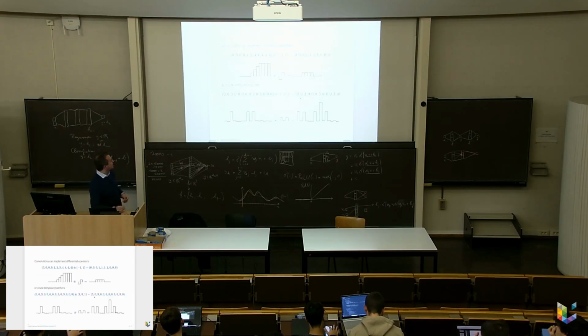Okay, so let's take an example. Let's say we have as input this vector 0, 0, 0, 1, 2, 3, 4, 4, 4, and we convolve it with this kernel defined by these two elements, minus 1, 1.